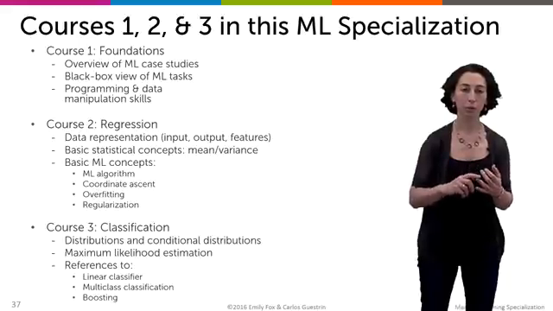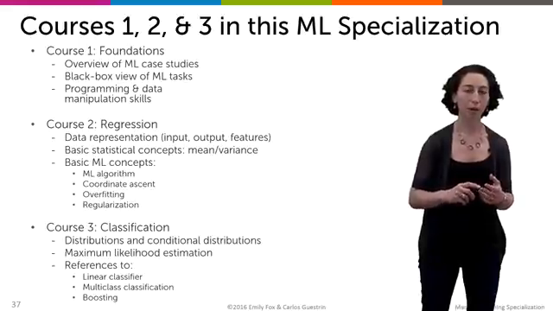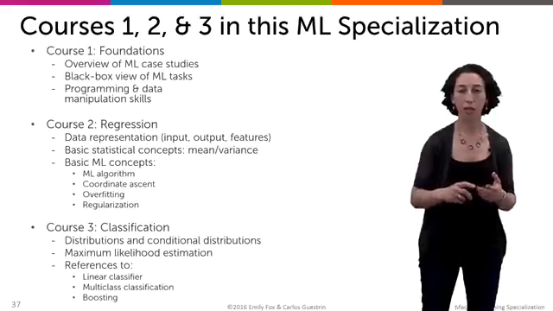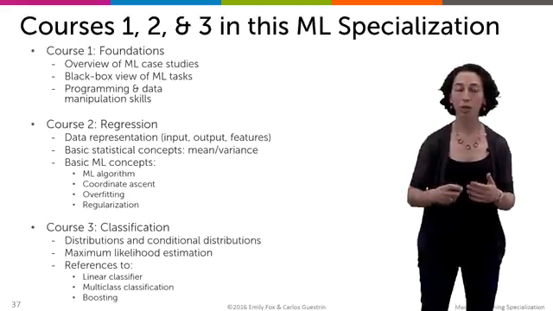And then we went through specific optimization algorithms that we're going to allude to in this course, like coordinate ascent. And we talked about issues in terms of model complexity, like overfitting and how to cope with that using regularization. And these are all ideas that we're going to refer to throughout this course, and we're going to assume that you already know to some degree.